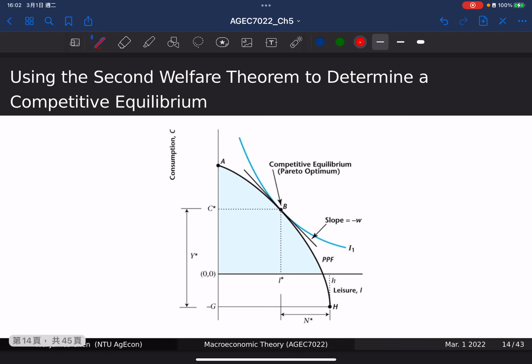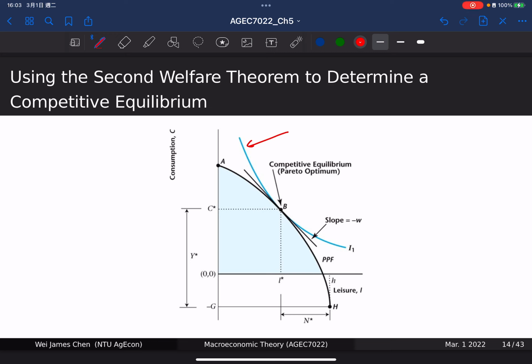In this model, another way to determine the CE, since we know PO is CE, is this. We have this indifference curve, which is something the I gives you, because that's the preference, which is exogenous.